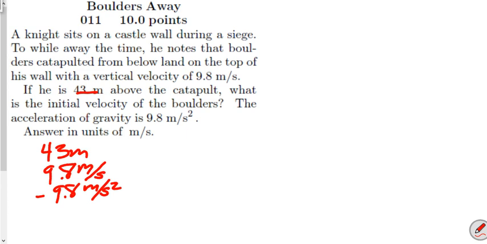We are looking for initial velocity. So let's write that down. VI equals question mark. All right, so meters, that is either going to be initial or final position or displacement. So I always write xf/d equals whatever.